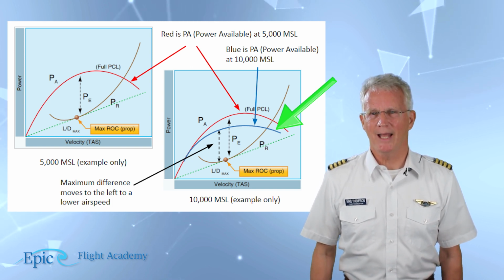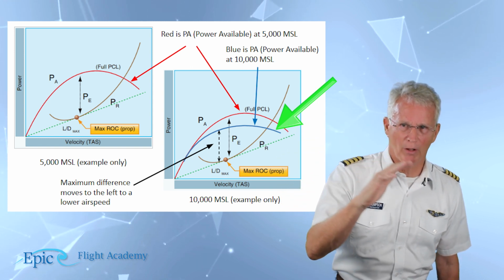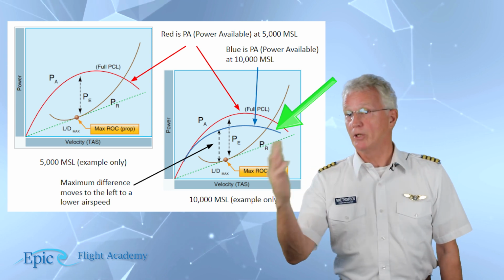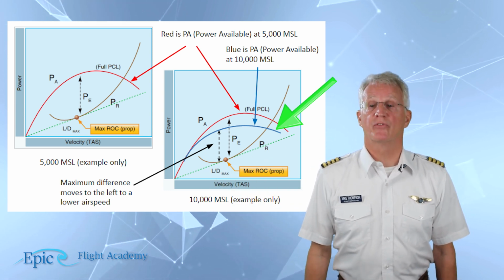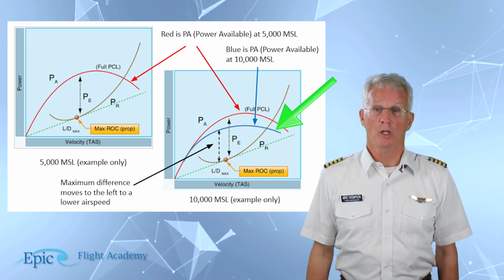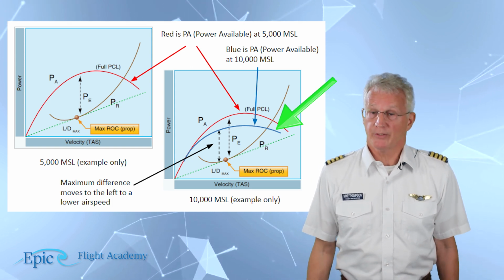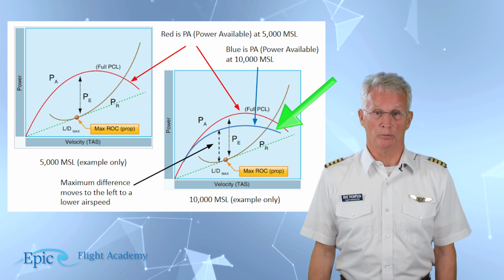So why did that dark blue line fall over like that? Because of altitude. There's less atmosphere available to the engine, so less total power, so less excess power available.